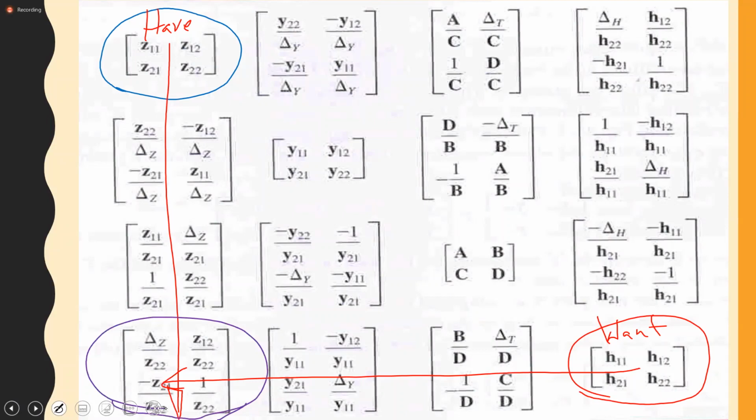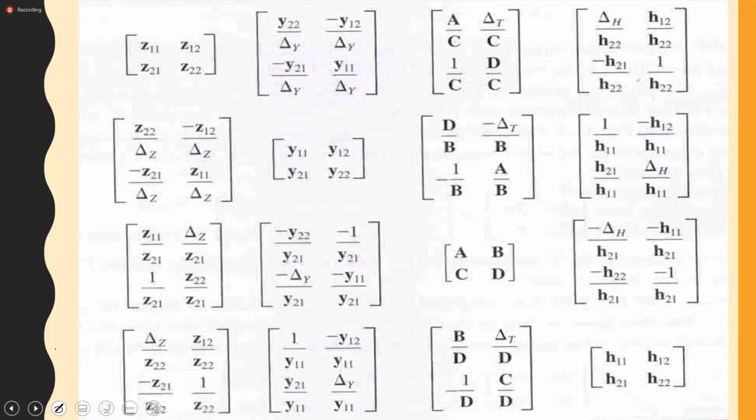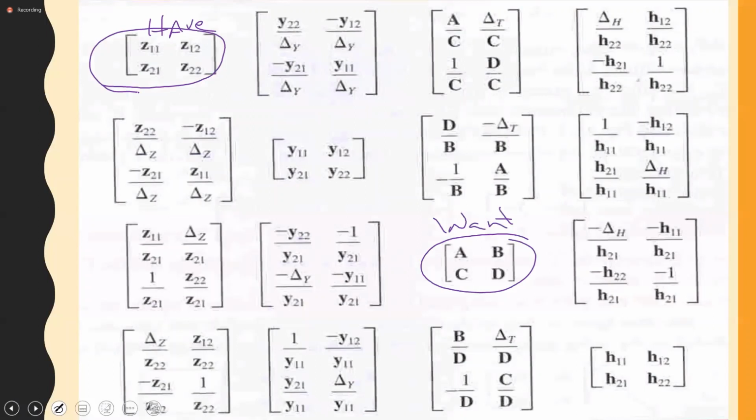I'll do that again. You have your impedance parameters because, with practice, you are much more efficient at finding these parameters. So you have impedance and you want transmission. So you want transmission, which is right here, and you have impedance, which is right there.